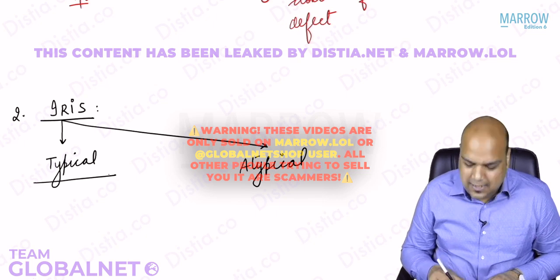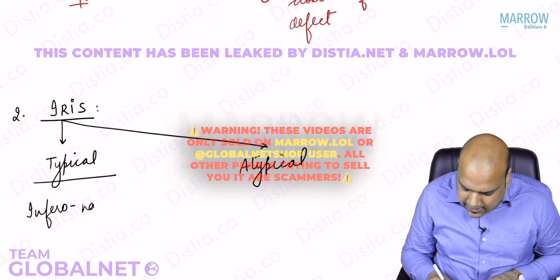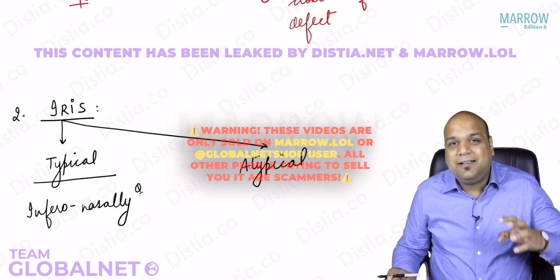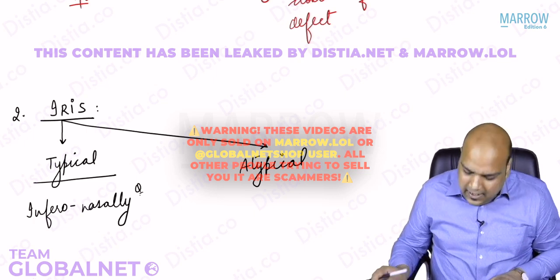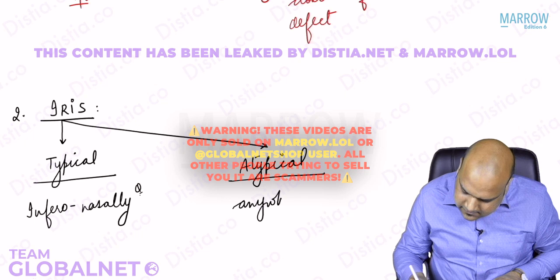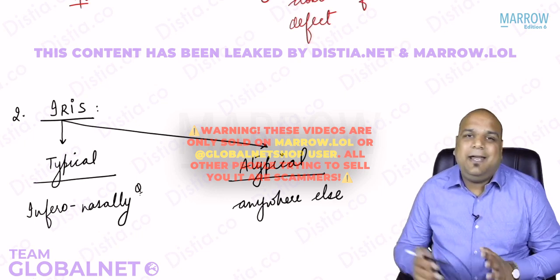Typical colobomas are usually seen inferonasally. That is the most common location, and that is why the terminology typical has come. Atypical means anywhere else. They can be seen superiorly or inferiorly or anywhere else.